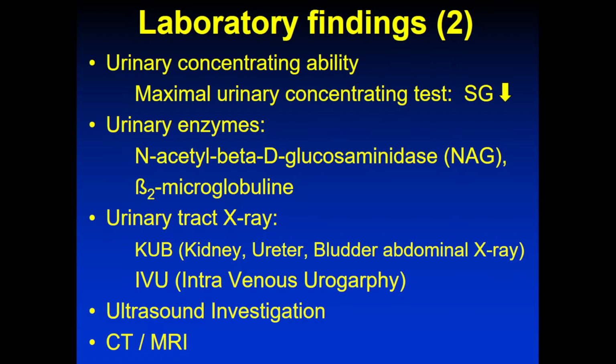Next, urinary tract X-ray, with the acronym KUB: kidney, ureter, bladder, abdominal X-ray, and IVU, intravenous urography. Next, ultrasound investigation, and at last, computer tomography and magnetic resonance imaging.